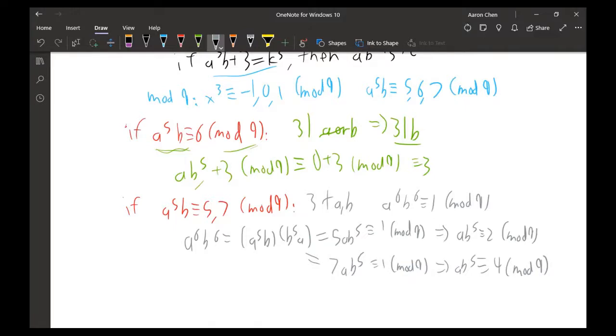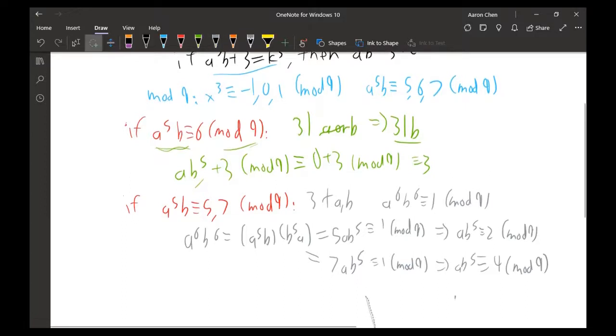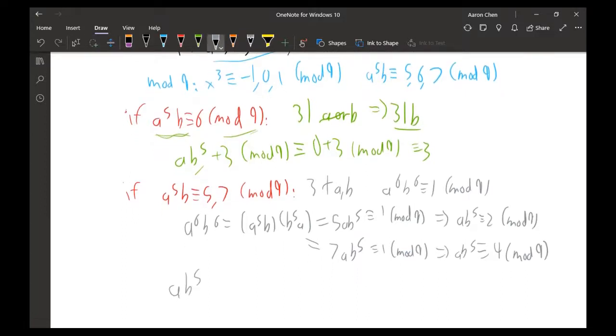And so we can see that ab to the 5th plus 3 is congruent to 5 or 7 mod 9. But once again, cubes are only positive 1, negative 1, and 0 mod 9, so neither of these are solutions.